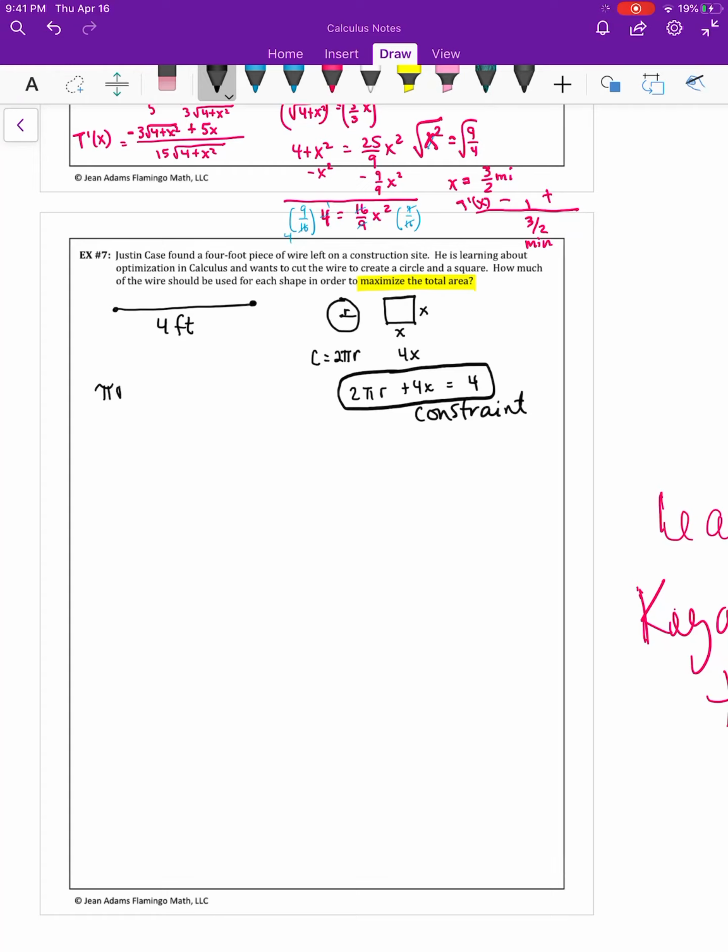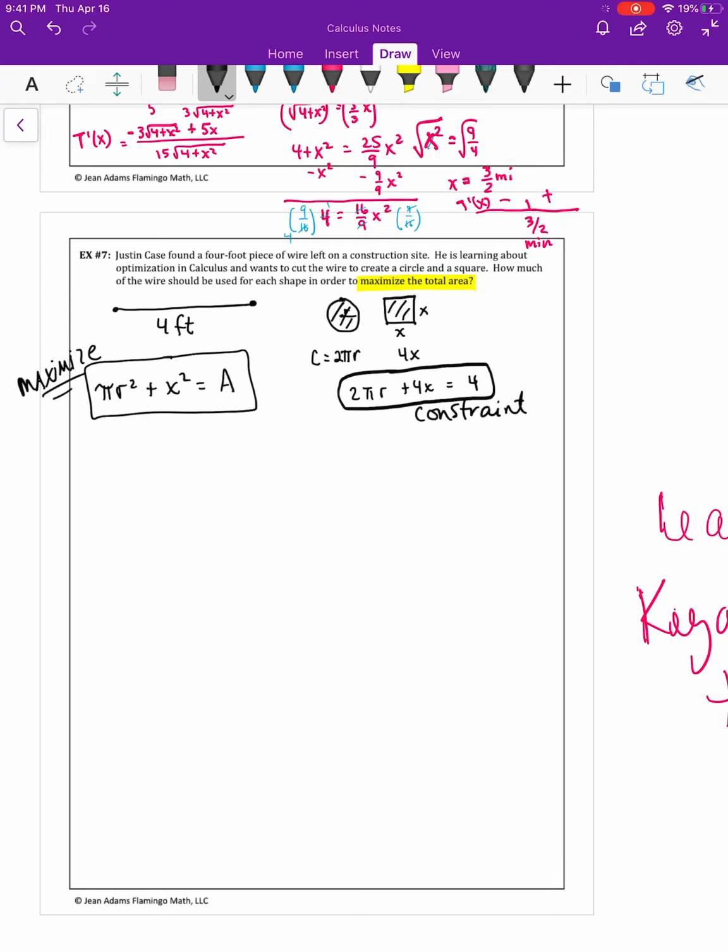And it actually has an r and an x in it. I don't know if that's going to matter. It says they want you to maximize the total area. So the total area is going to be pi r squared plus x squared, because it's going to be the area of the circle plus the area of the square.